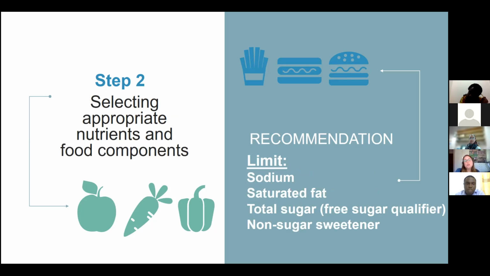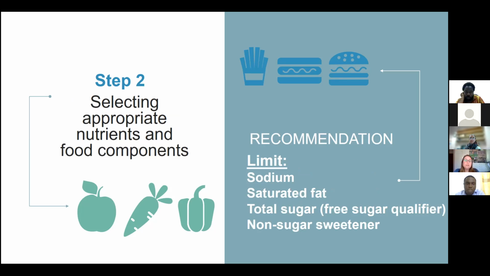We compared nutrient profiling models that included only nutrients to limit, unhealthy nutrients like sodium and fat, to those that included both nutrients to limit and encourage. Ones to encourage would be things like fruits and vegetables, fiber, or nuts and legumes. We found that those that included nutrients to encourage were much more lenient than the nutrient profiling models that only included nutrients to limit.